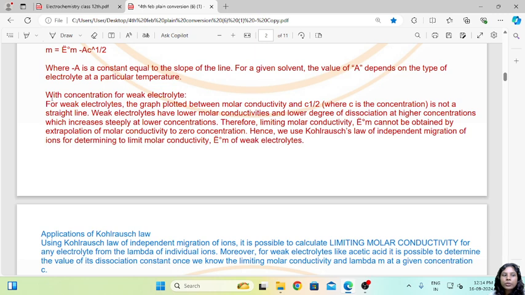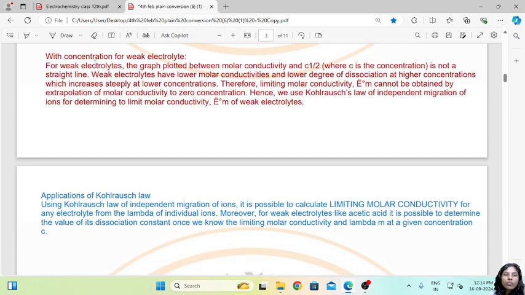Now, with respect to concentration of weak electrolytes. For weak electrolytes, the graph plotted between molar conductivity and concentration, where C is the concentration, is not a straight line. Weak electrolytes have lower molar conductivities and a lower degree of dissociation at higher concentration, which increases steeply at lower concentration.